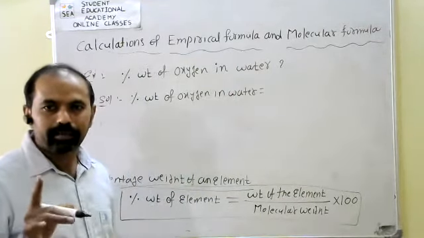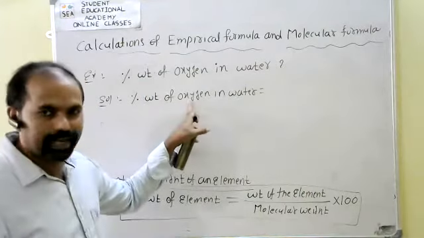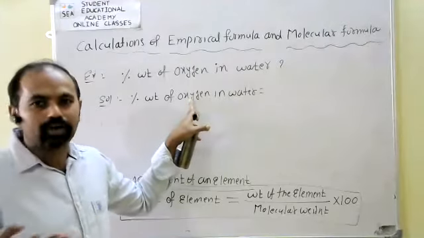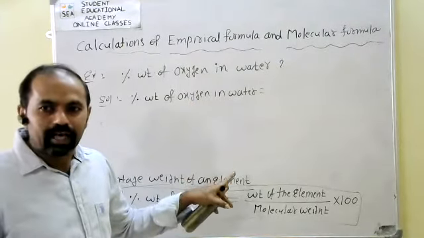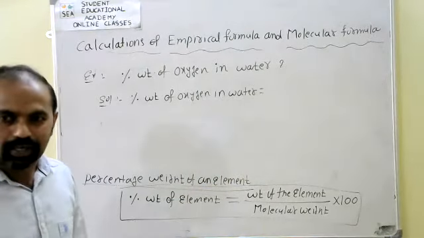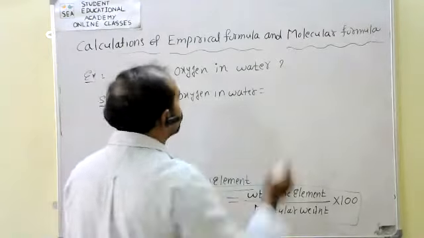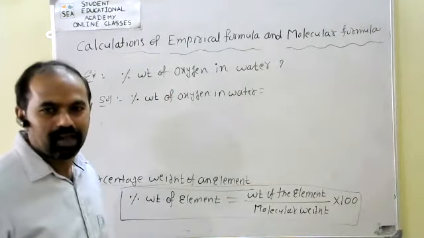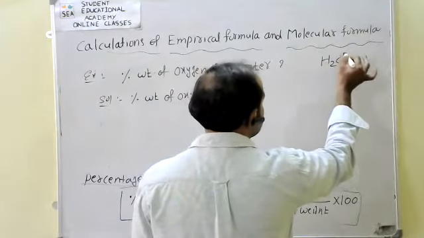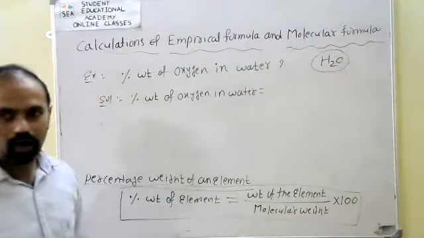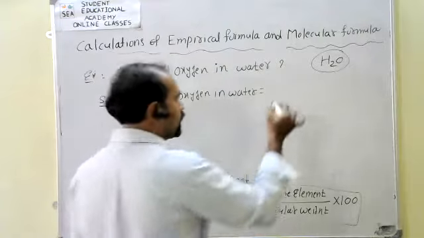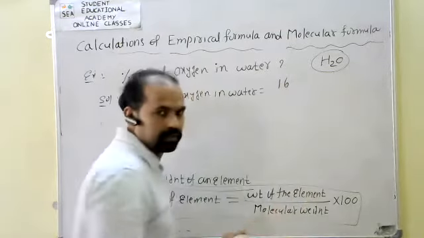Which element weight do we want here? Oxygen only. So we take the weight of oxygen in water, that is H2O. What is the weight of the element? 16 grams.